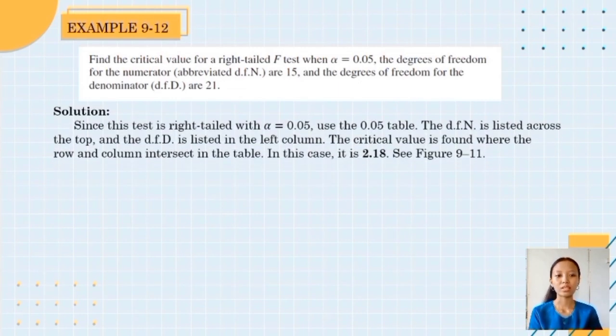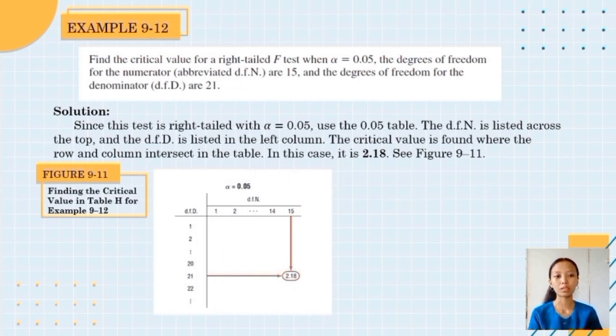Since this test is a right-tailed test with a significance level of 0.05, use the 0.05 table. The D.F.N. is listed across the top and the D.F.D. is listed in the left column. The critical value is found where the row and column intersect in the table. In this case, it is 2.18.